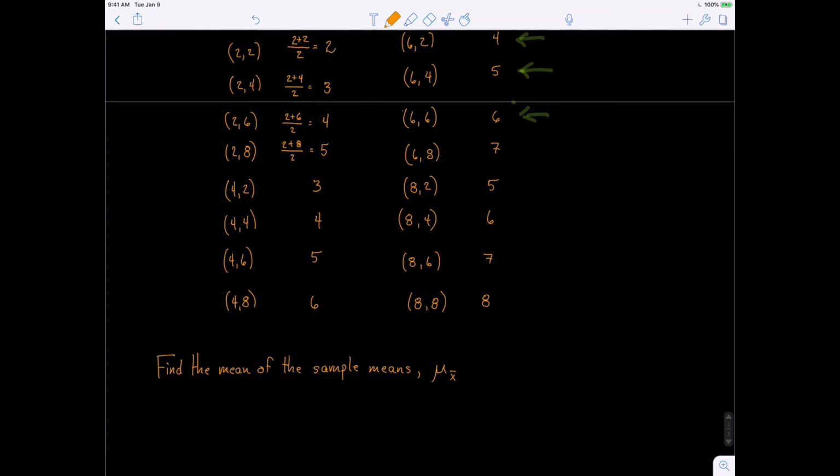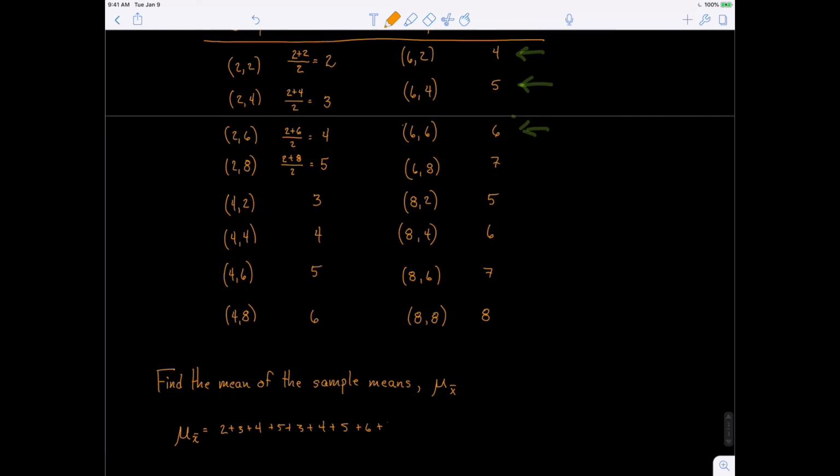And here we go. So my mu x bar is going to be 2, 3, 4, 5, plus 3, 4, 5, 6 plus 4, 5, 6, 7 plus 5, 6, 7, and finally 8.